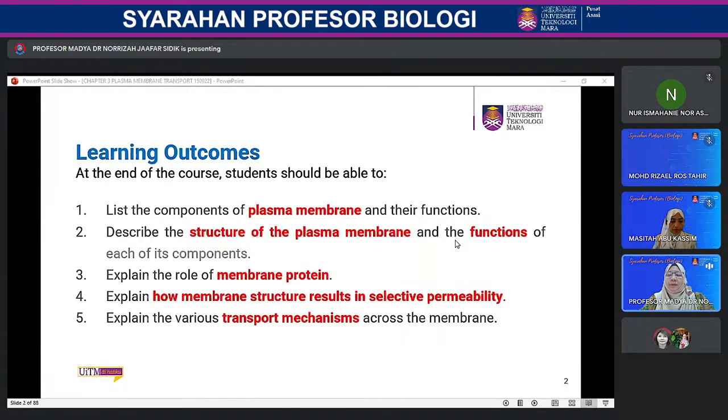I will go to the next slide on the learning outcomes. If you look at these slides, 5 learning outcomes are listed.